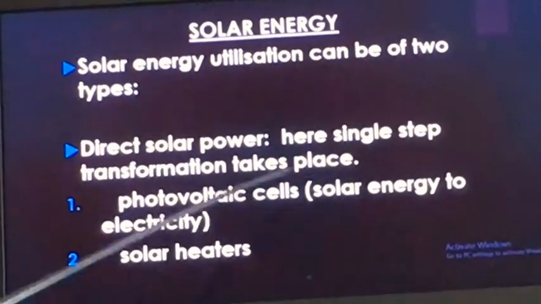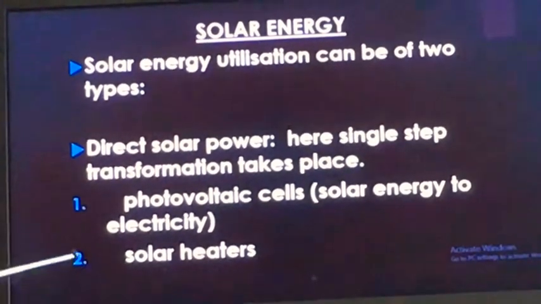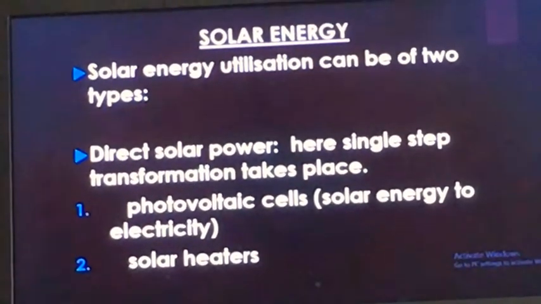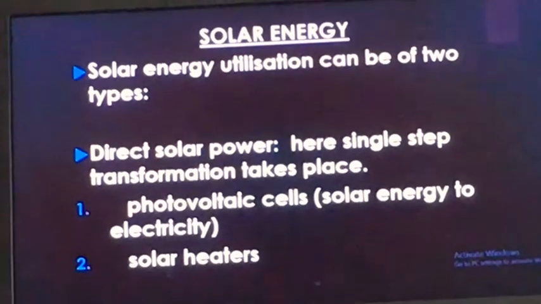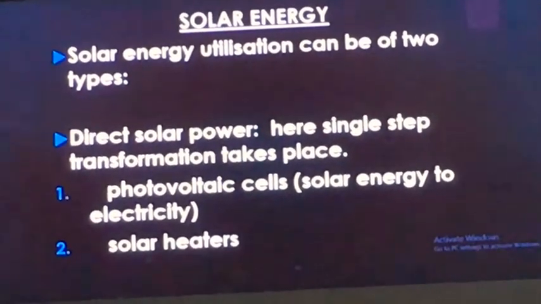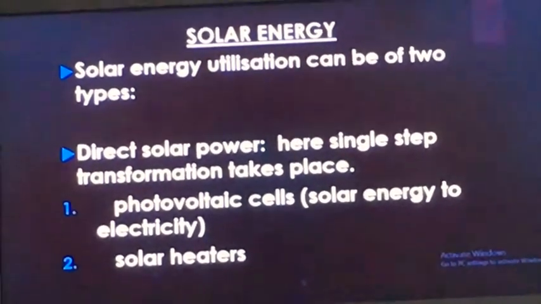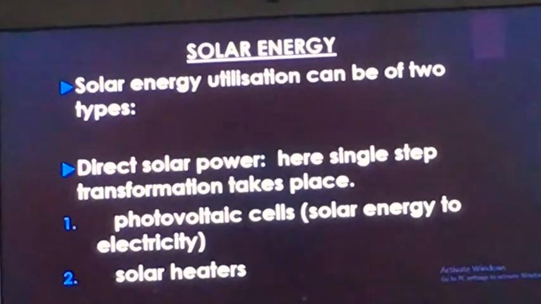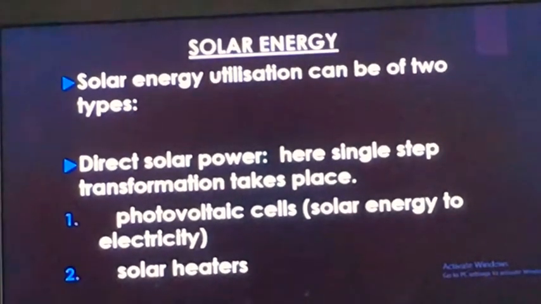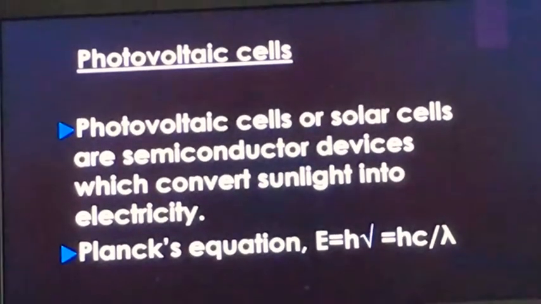Here solar energy is getting converted to electricity. Another example is solar heaters, where sunlight is getting converted to heat energy. So in these two, only single step transformation is taking place, and that utilization is called direct solar power.